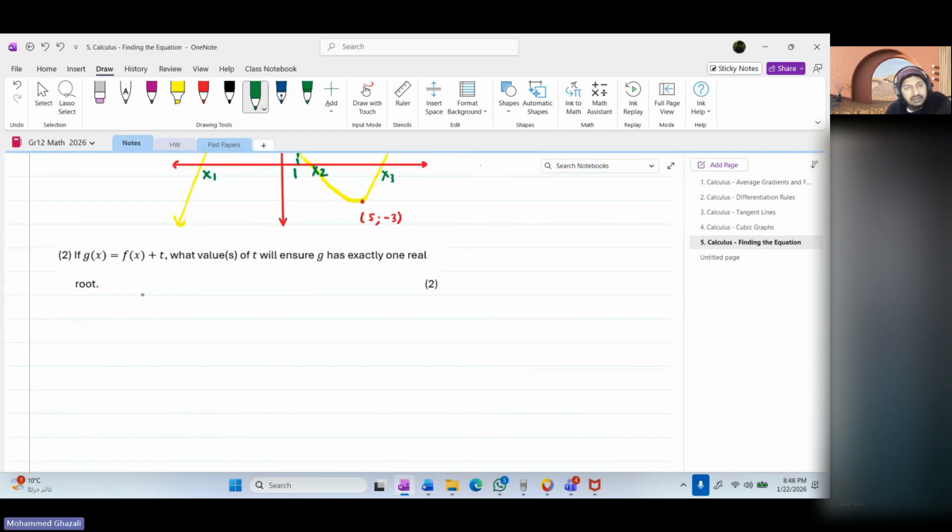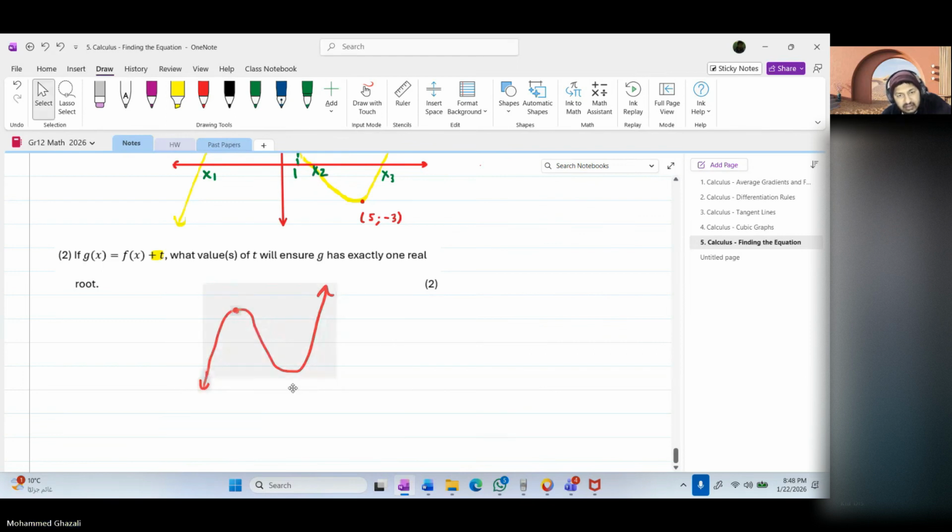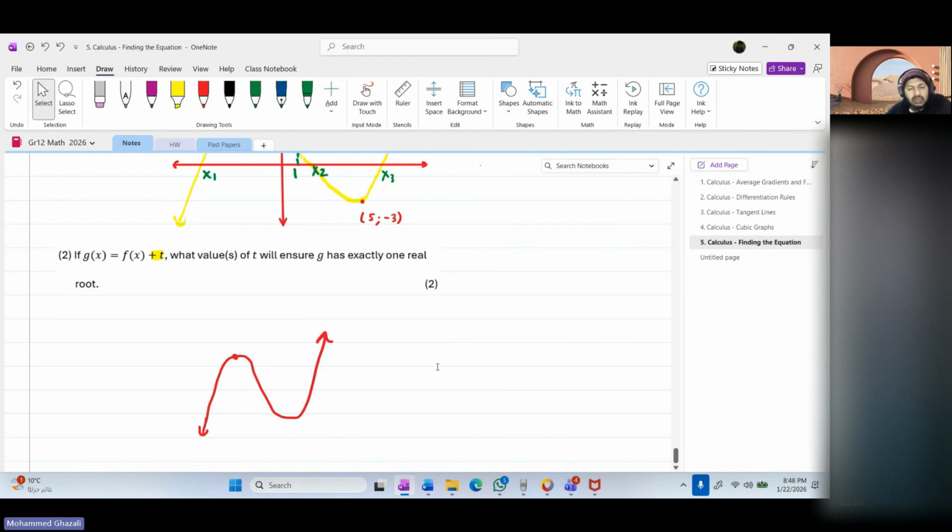If g of x is equal to f of x plus t, so I have a function here. So what does the plus t mean? It means you are basically shifting this graph in such a way that it must have one real root only, right?